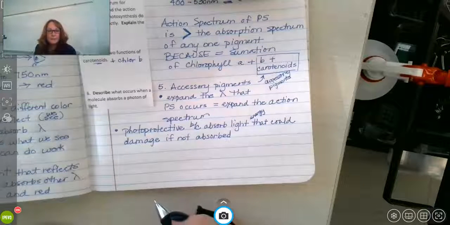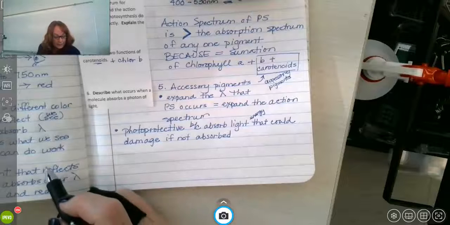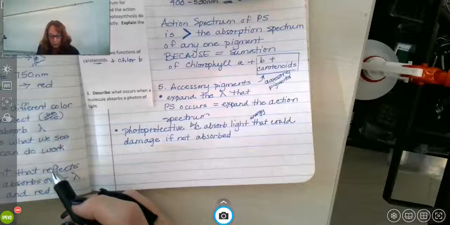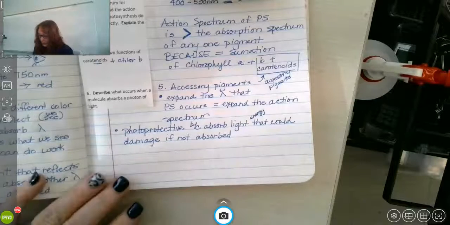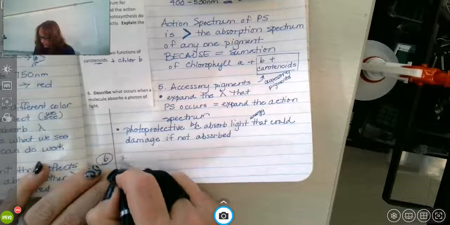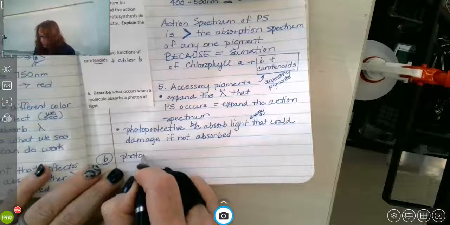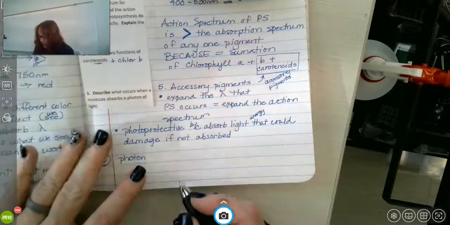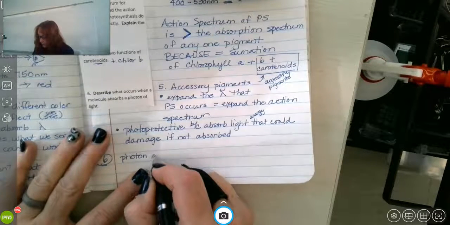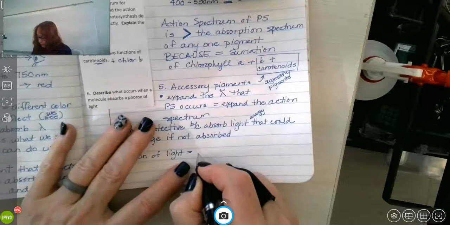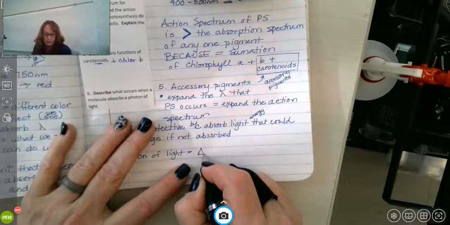Okay? So the last is, describe what occurs when a molecule absorbs a photon of light. So this is what I was going with before. You said it was a measurable, known value packet of light. So a photon of light is equal to, this means change, right? Delta, change.